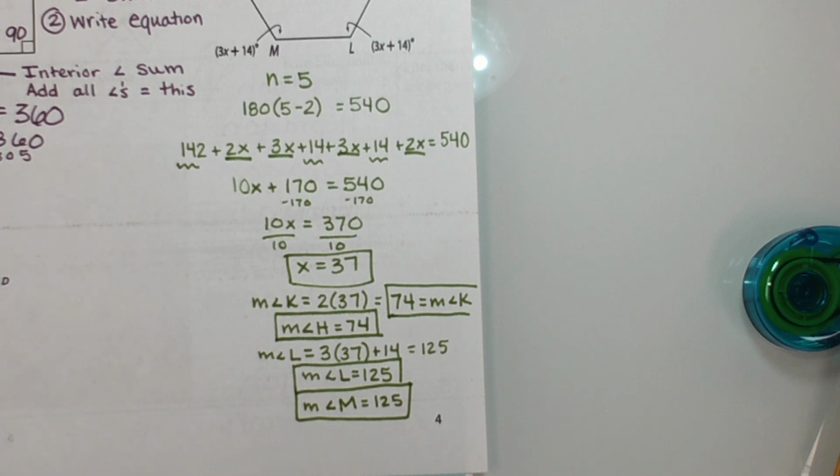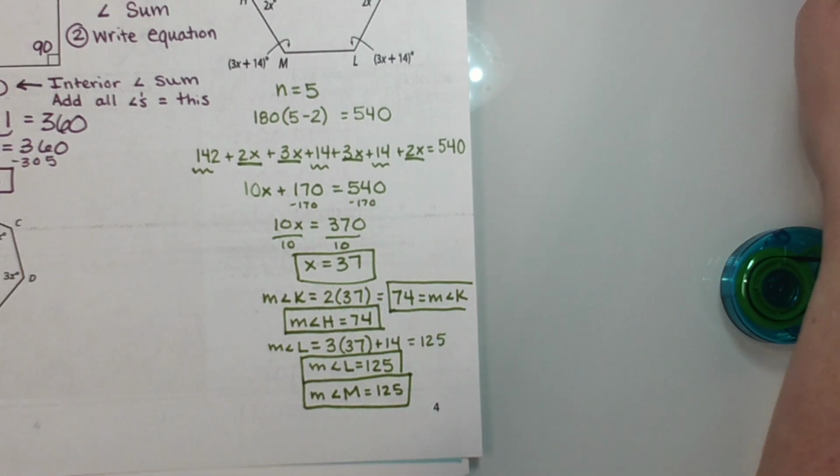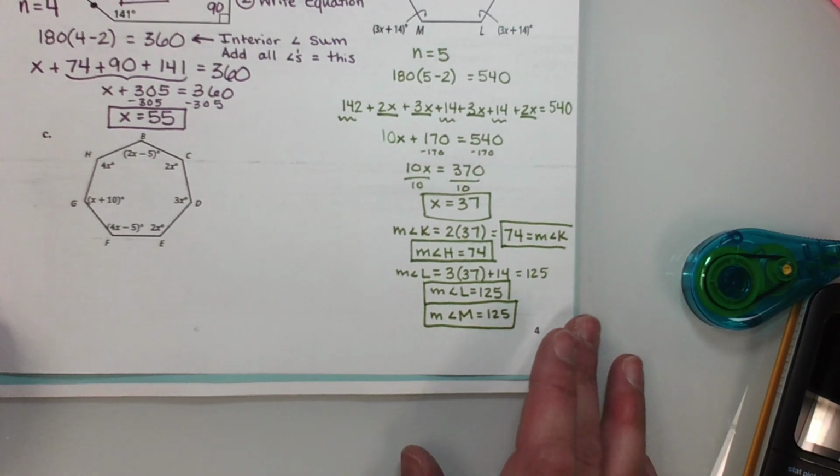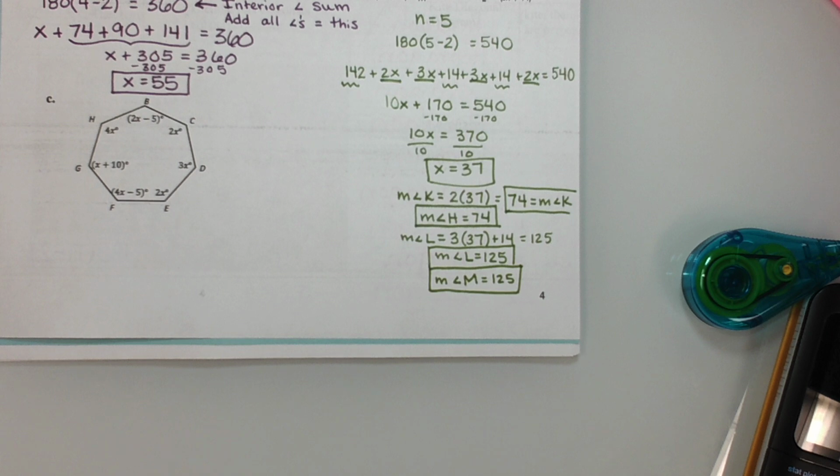Okay, the last problem, we're going to start it. We're not going to go through the entire thing. Just want to make sure we're solid on the beginning steps because that's where people get messed up on this stuff.